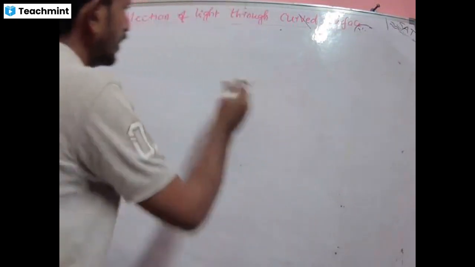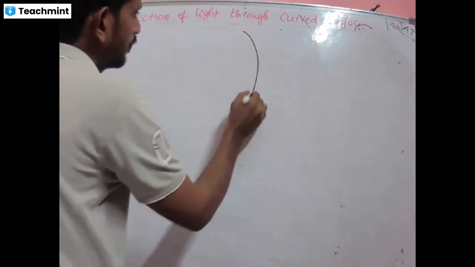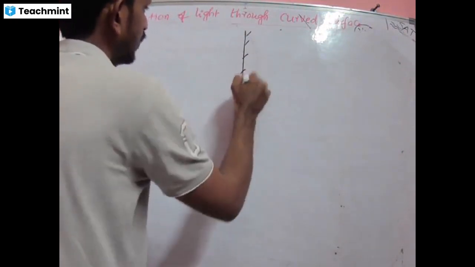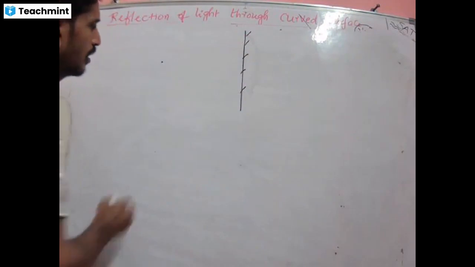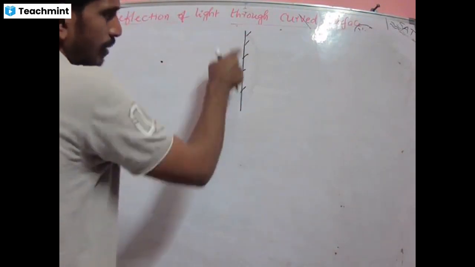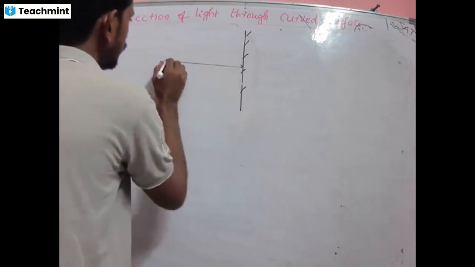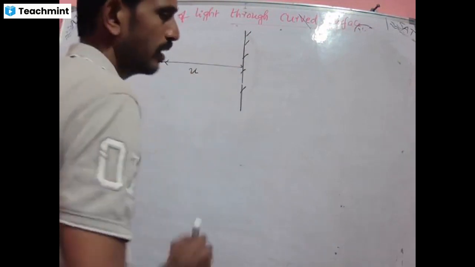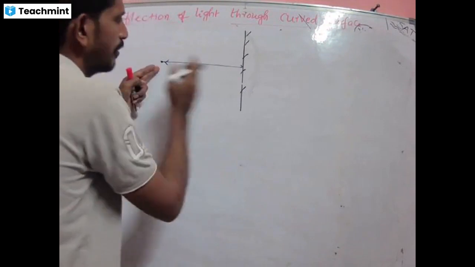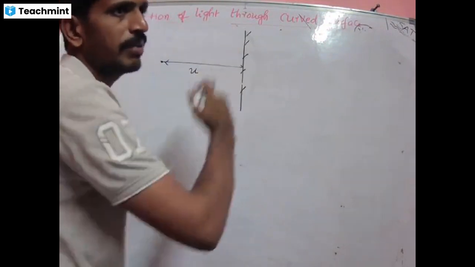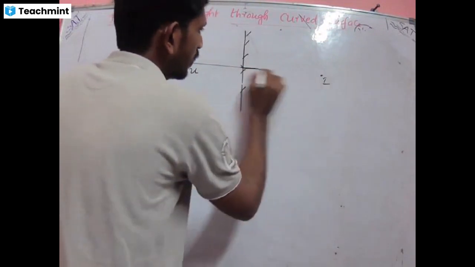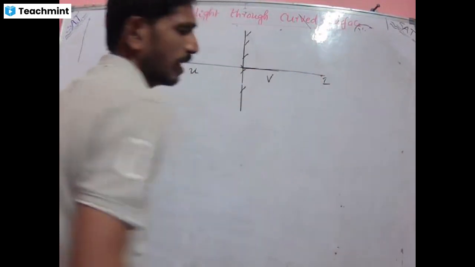For example, if we take a plane mirror, this is my object, and the distance between the object and the mirror is called the object distance, represented by u. In a plane mirror, the distance between the object and the mirror and the distance between the mirror and the image are both the same. The distance between the mirror and the image is called the image distance.